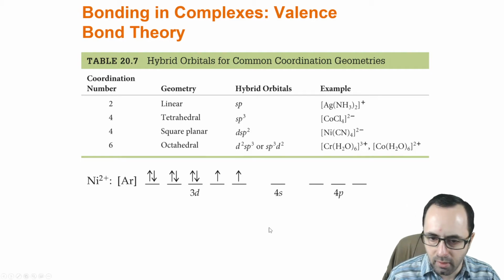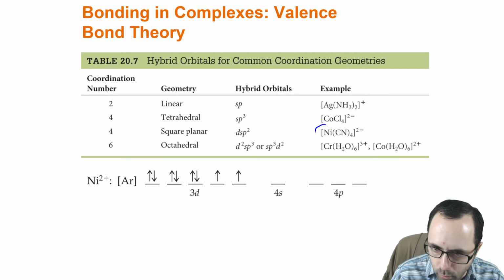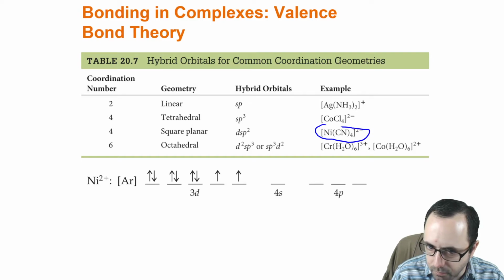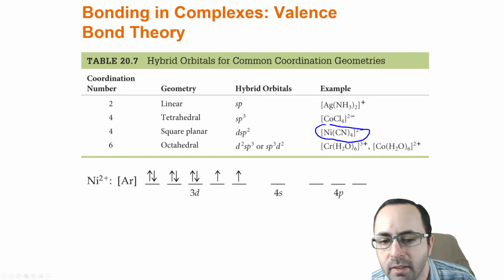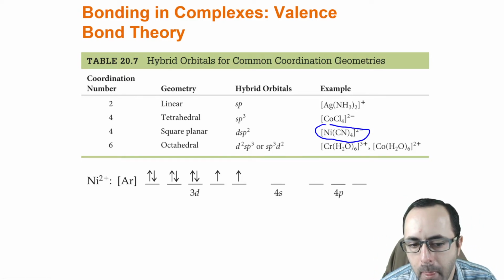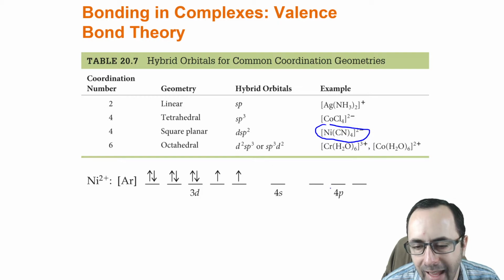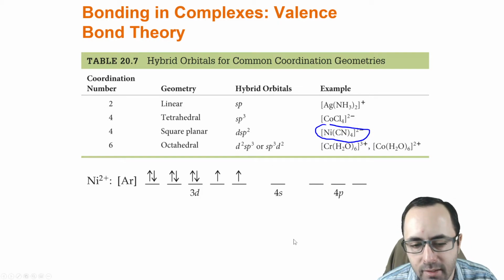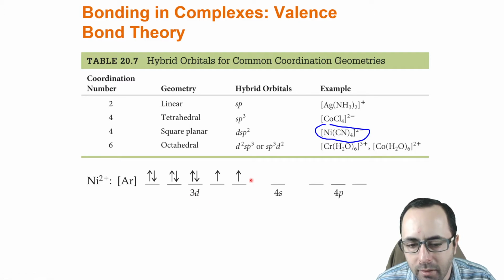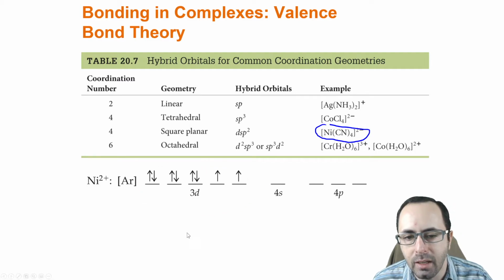Now what about this compound right here? Now this one, we have said, undergoes dsp2 hybridization. And this happens a lot for what are known as d8 complexes. So nickel is a d8 complex. It's called a d8 complex because there are 8 electrons in the 3d orbitals.